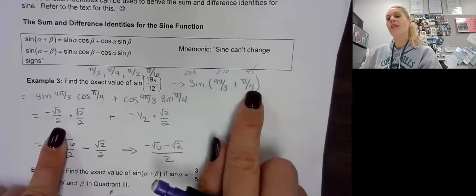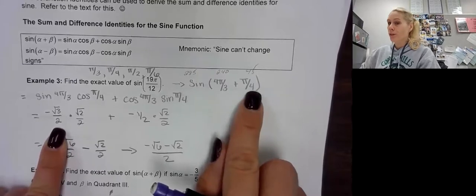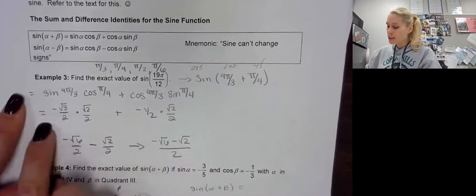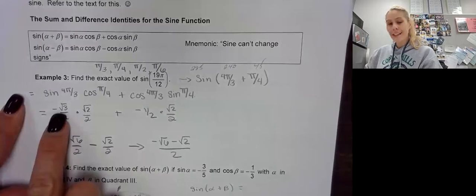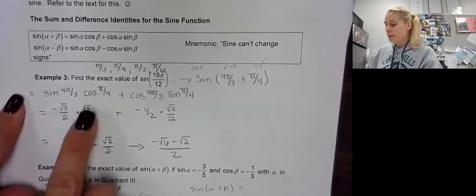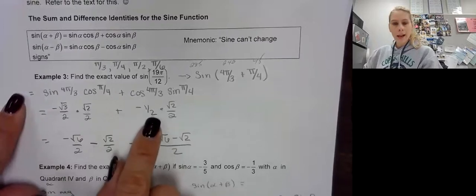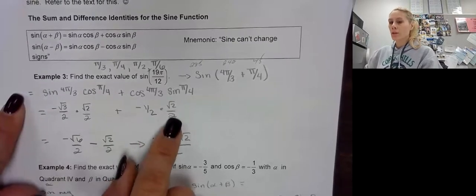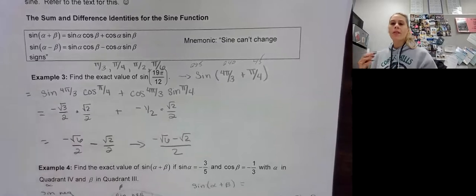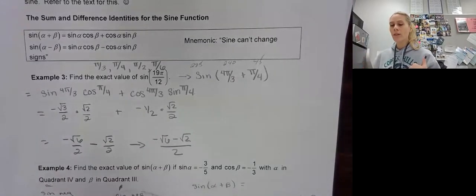And our 45 is in the 1st quadrant, so both of them are positive. So this is why we get negative square root of 3 over 2 times square root of 2 over 2 plus negative 1/2 times square root of 2 over 2. So either you can think of it as quadrants and remember if they're going to be negative or positive, or you can just draw out your full unit circle and you have everything right there.